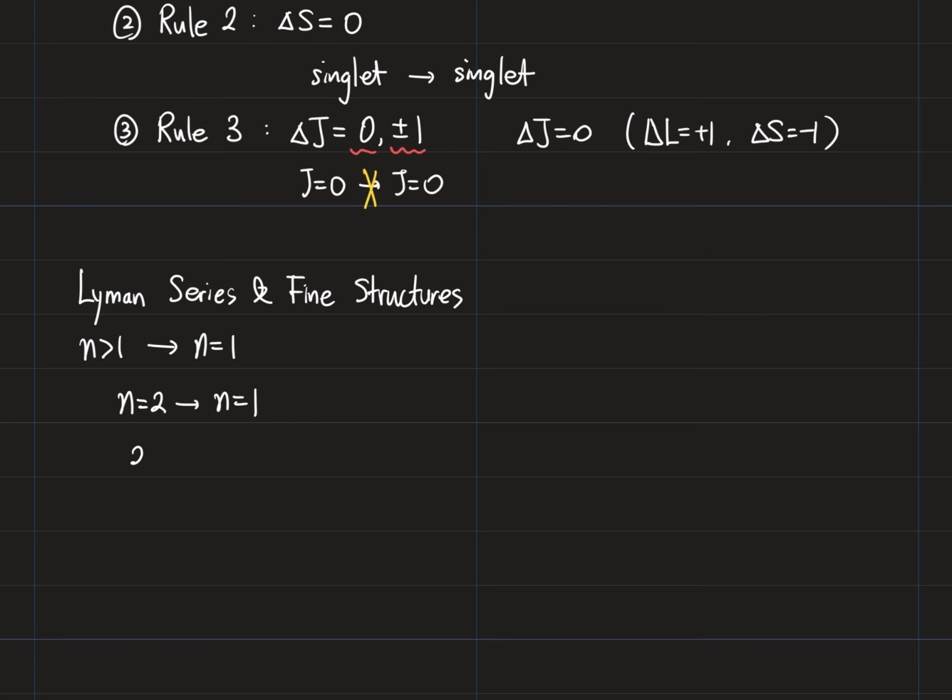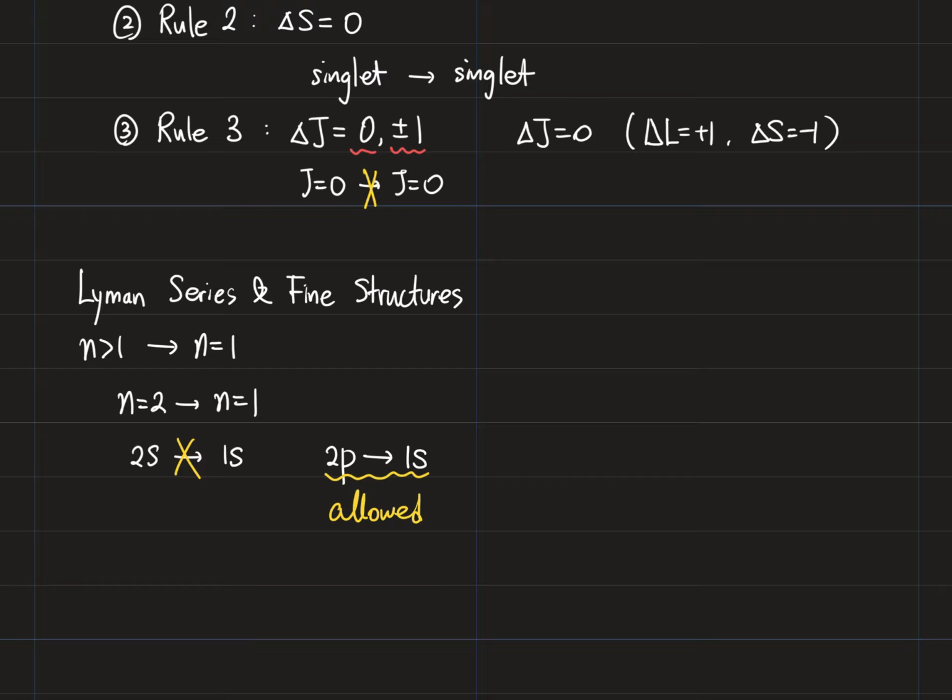That means the transition from 2s to 1s is not allowed. So we are going to focus on the transition from 2p to 1s. This is an allowed transition.